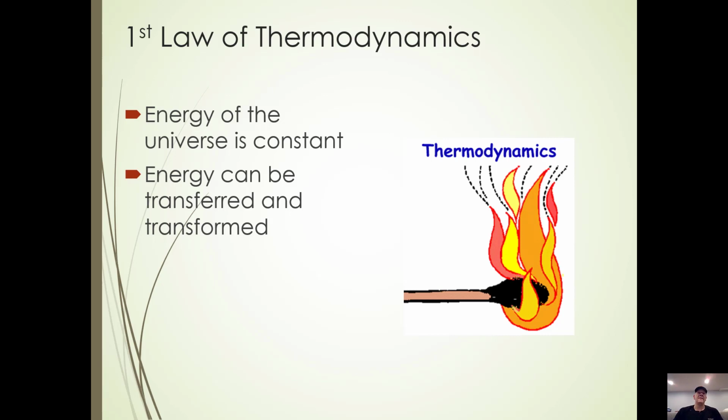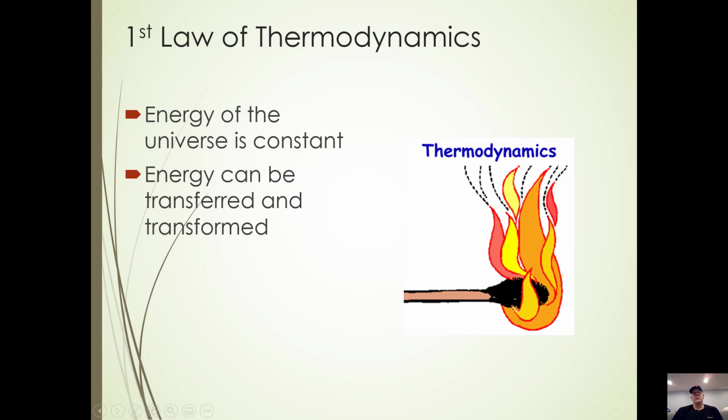This leads us to the first law of thermodynamics. These are laws; the first and second law deal with energy. The first law states that the energy of the universe is constant. We can't add or subtract the amount of energy that we have out there. But it can be transferred, meaning to move from one place to another, or transformed, meaning to change from one type to another.